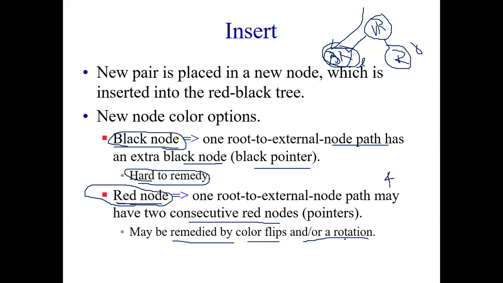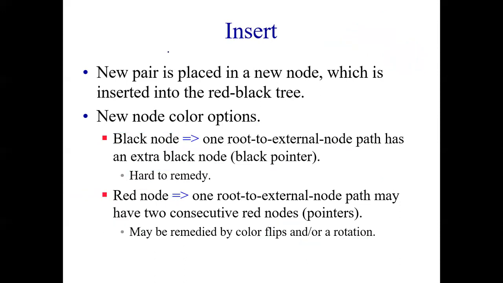So what we have understood from this particular slide is that the new node should be in red color. It should not be in black color. If it is in black color, then the number of black nodes in one of the paths will be more than the number of black nodes in other paths. So the option of giving black color for the new node is ruled out.